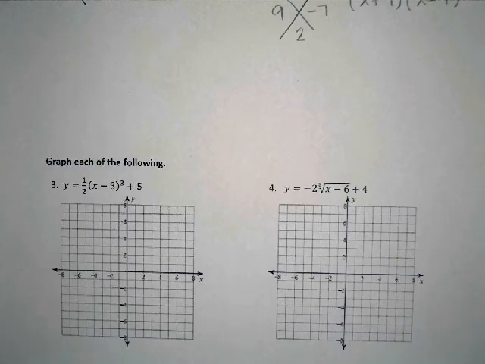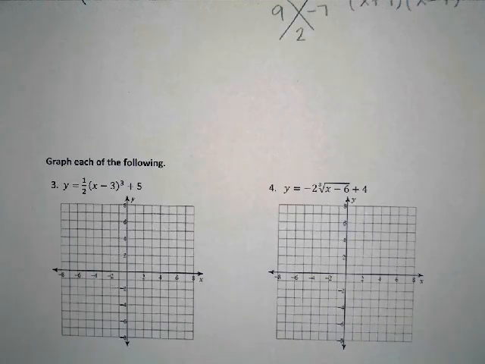To type in the third power, I'm doing shift 6 to get that up arrow. Or the other way you could get the third power is you could use the keyboard down here, use this button right here to raise it to the exponent spot, and then type in a 3.